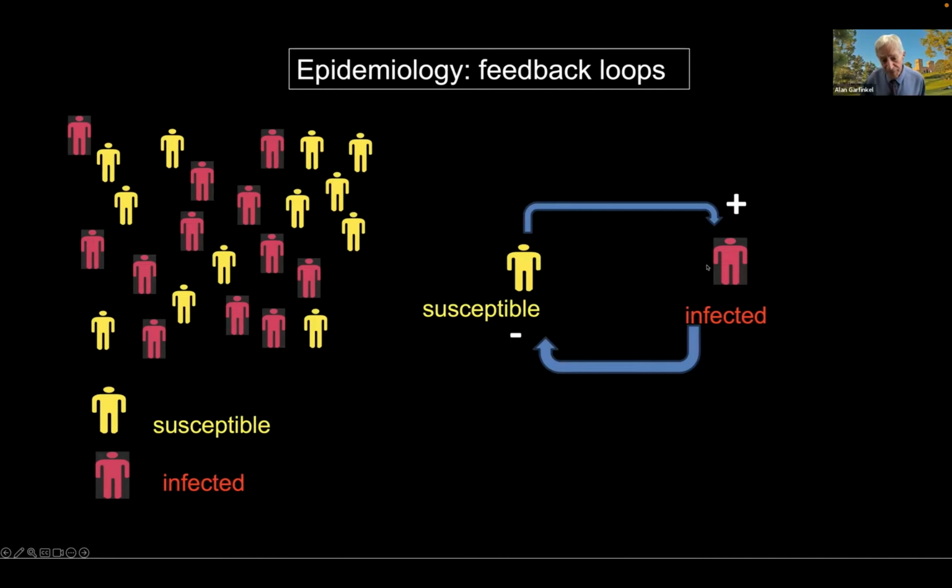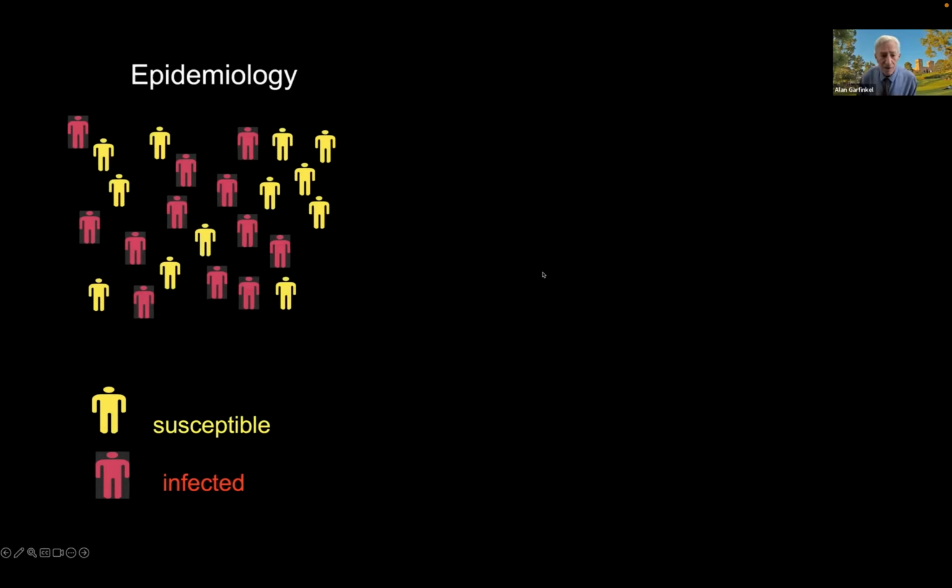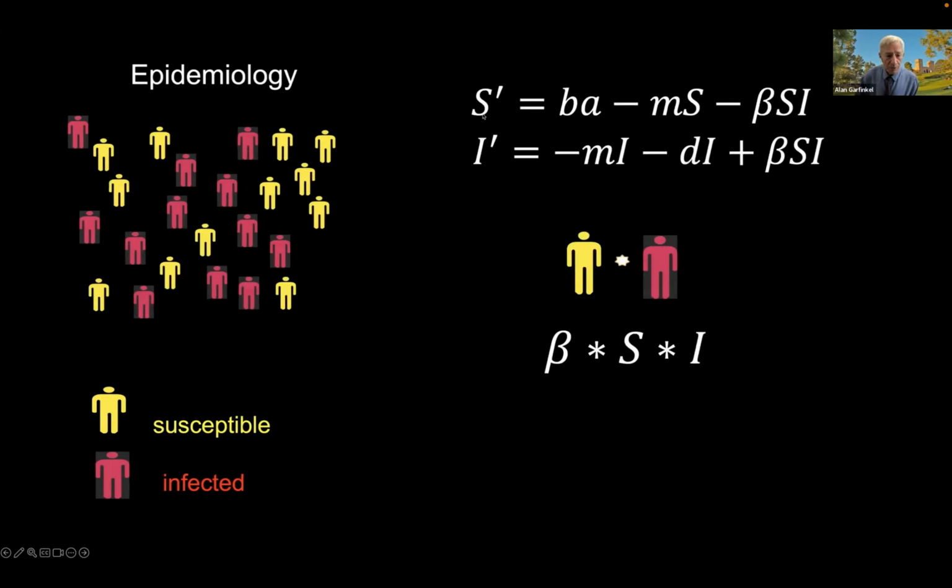And the susceptibles feed the infecteds, but the infecteds reduce the number of susceptibles. So what do we do? We put that into a model with the magic term beta SI, which means susceptible meets infected. And with probability beta, the number of susceptibles goes down one and the number of infecteds goes up one.